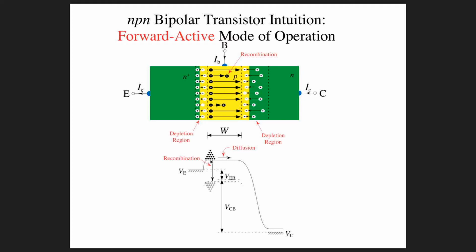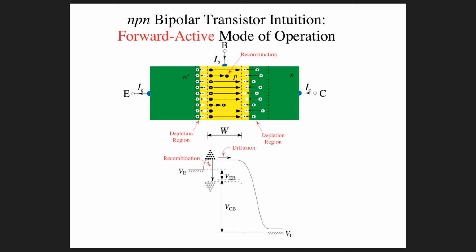So if you remember, the slope of the electrostatic potential is the electric field, and so you can see here in the base region, because its potential is determined by the base voltage, it's uniform, and so there is no electric field to drift these carriers along. There is, however, a concentration gradient.